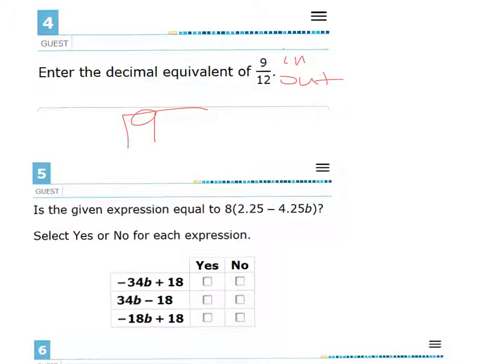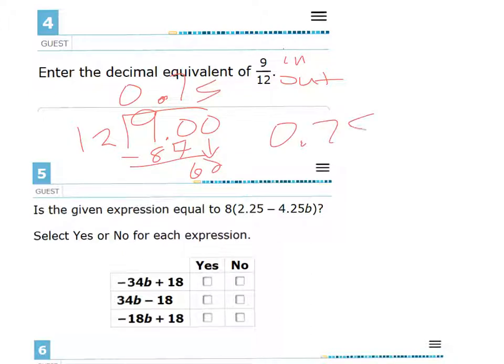So 9 divided by 12, we add our decimal, 2 zeros, bring up our decimal. 12 goes into 9 0 times, 12 goes into 90. We know about 7 times, and that subtracts 84, and we're left with 6. And then 12 goes into 60 5 times, so we end up with 0.75.